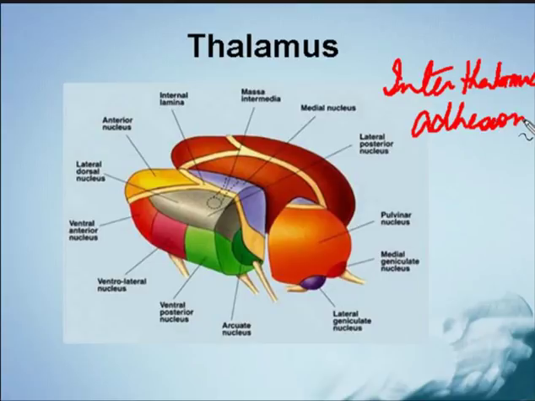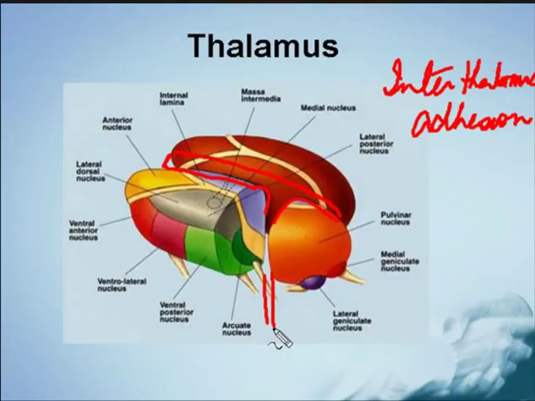And between the two thalami in this area, this is where the third ventricle will be. So the third ventricle is actually going to be in this area. And then it will continue as the cerebral aqueduct.